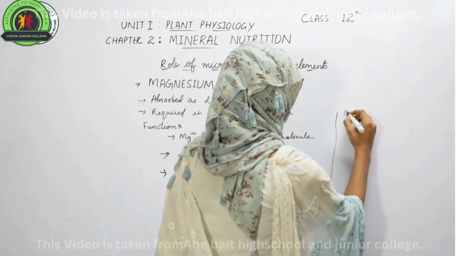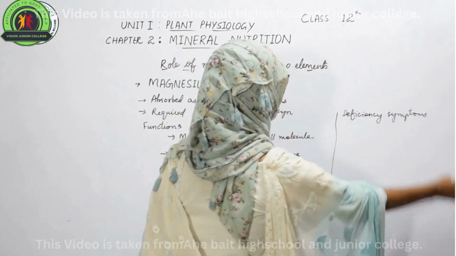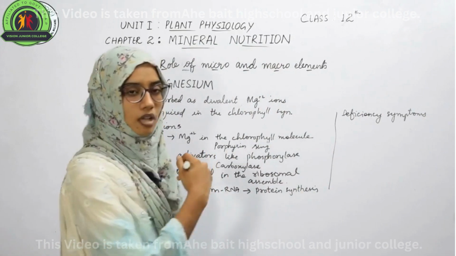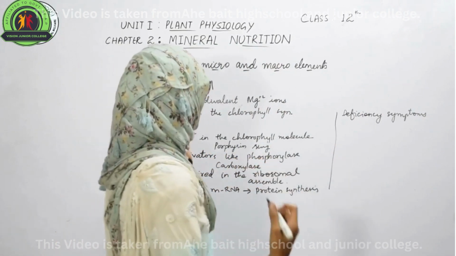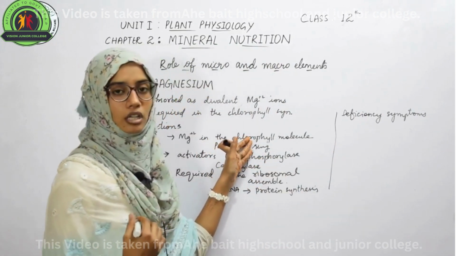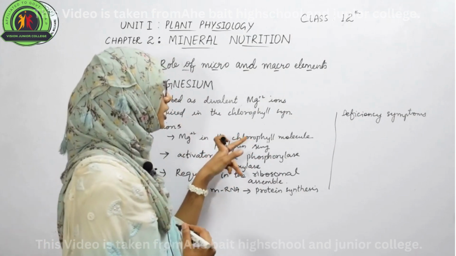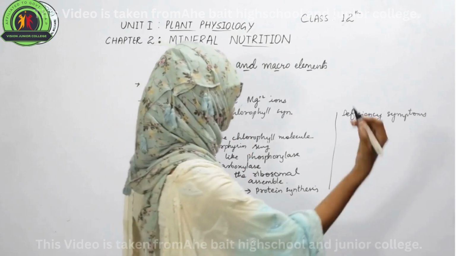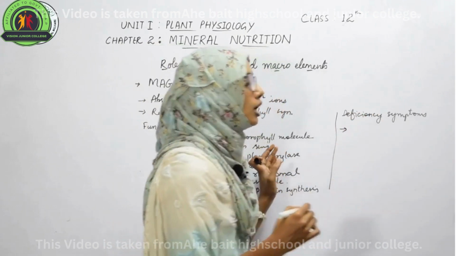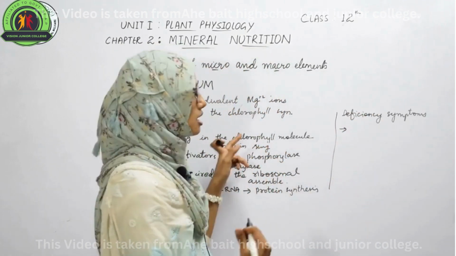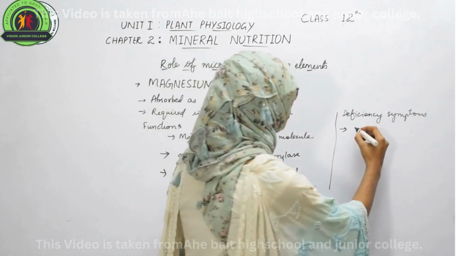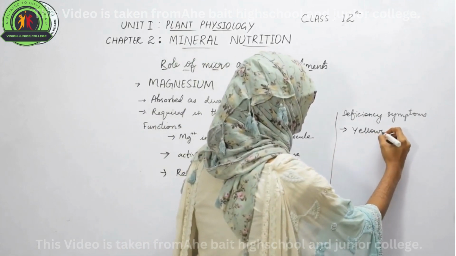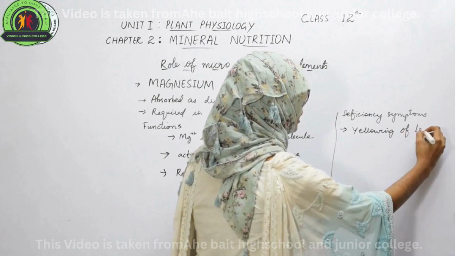So let's see some deficiency symptoms due to the absence of magnesium ions. As I said, magnesium ions are included in the synthesis of the chlorophyll molecule. If magnesium ions are absent, then the chlorophyll molecule would not get synthesized, and yellowing of leaves can take place.